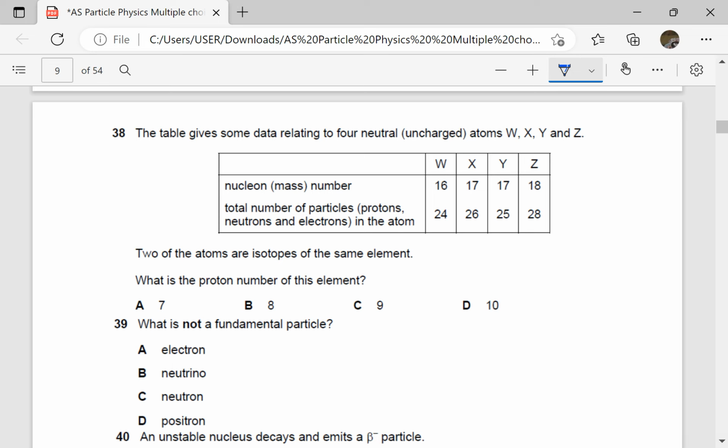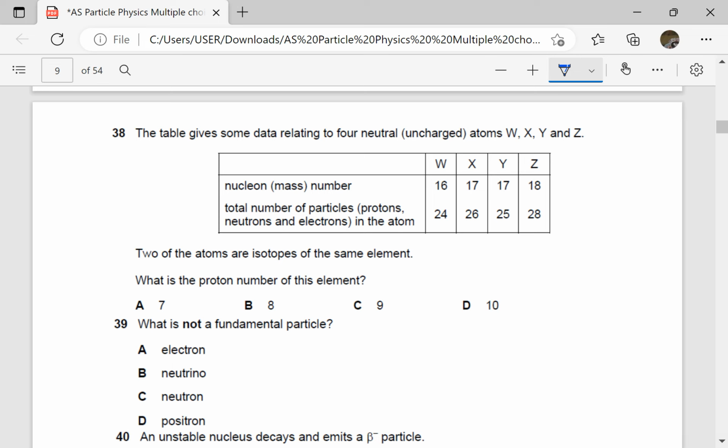So the table gives some data relating to 4 neutral, that is uncharged atoms, W, X, Y, and Z. Two of the atoms are isotopes of the same element. That means they should have the same proton number but different nucleon number.